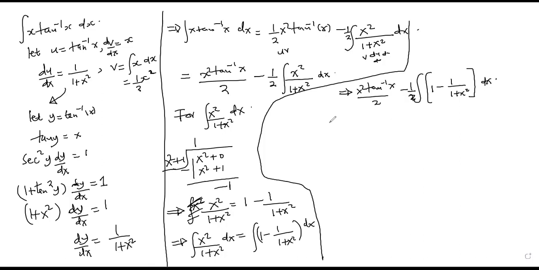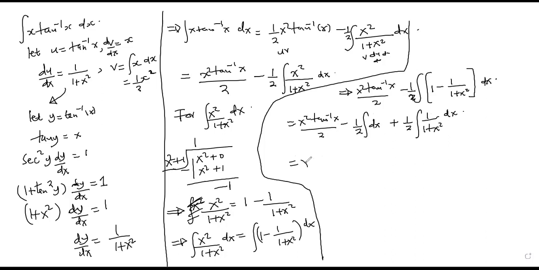Well, this is the same as x squared tan inverse of x over 2 minus, we split it, so it will be minus a half integral of 1, so it is the same as integral of dx, then minus minus, which is plus a half integral of 1 over 1 plus x squared dx.